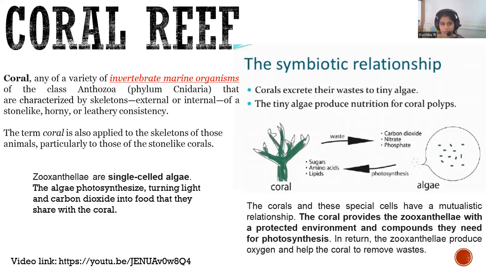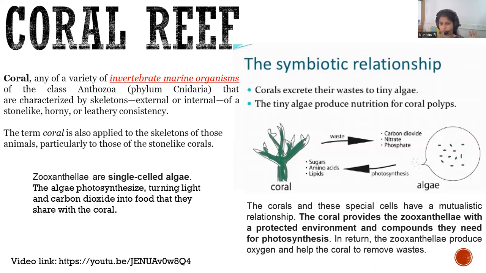In simple words, the coral reefs provide shelter and also metabolites required for photosynthesis, whereas in turn the single-celled algae, the zooxanthellae, utilize those photosynthetic requirements given by the coral reefs, perform photosynthesis and provide the end product to the coral reefs. Coral reefs provide shelter and mineral nutrients.